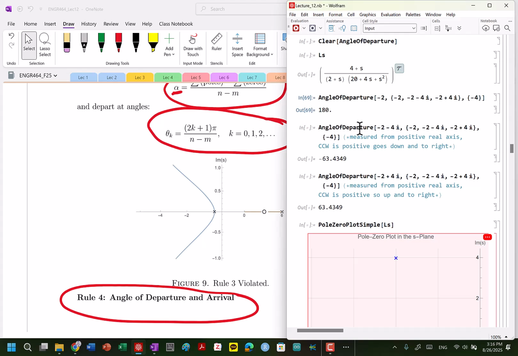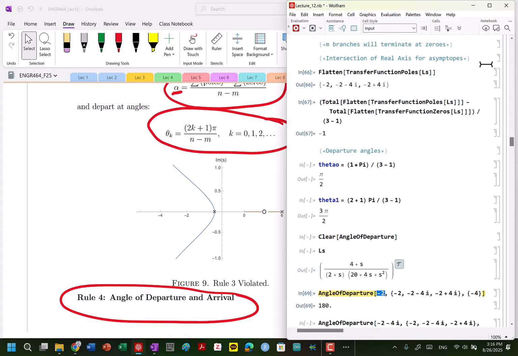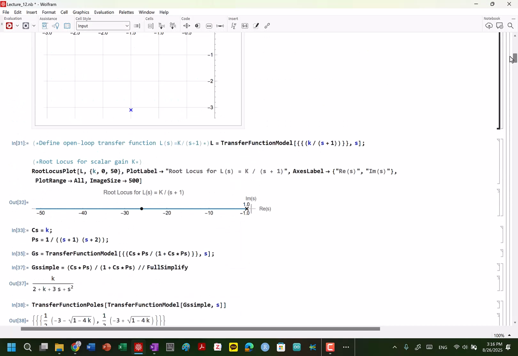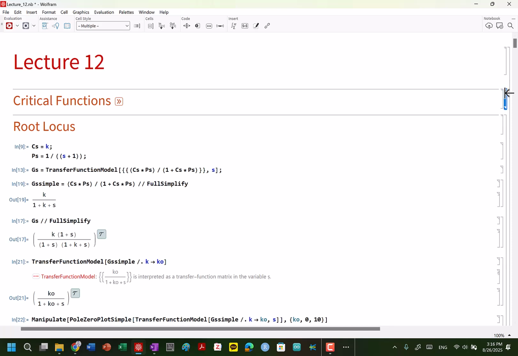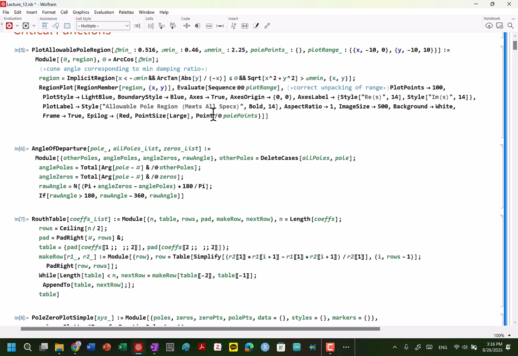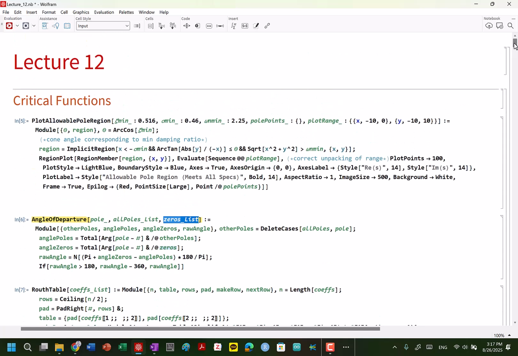So here we can see we're interested right now in this pole, and let's blow up the angle of departure here. So if I look at the angle of departure, you see what we're specifying, the pole, and then our pole list, and then our 0 list. So our 0 is essentially that value there, so that's going to be our angle of departure.